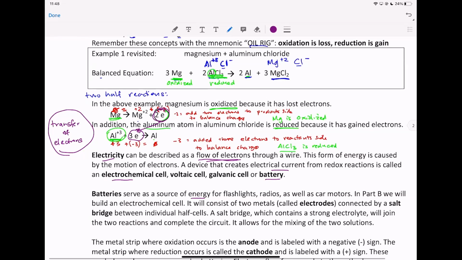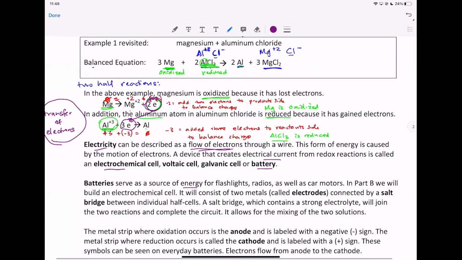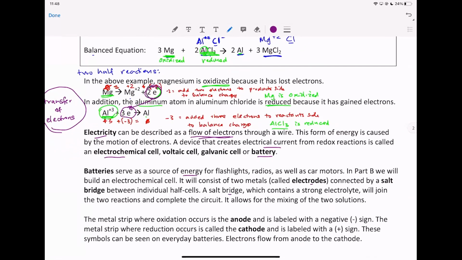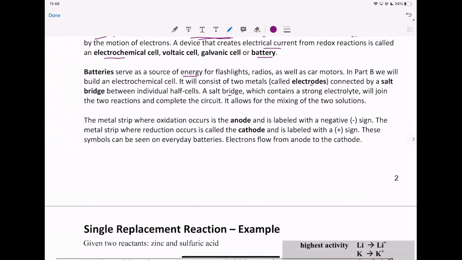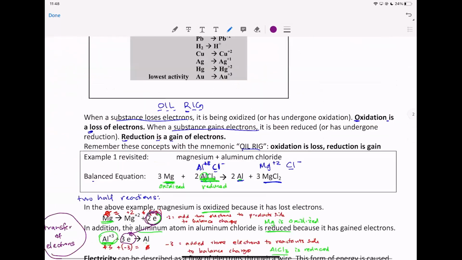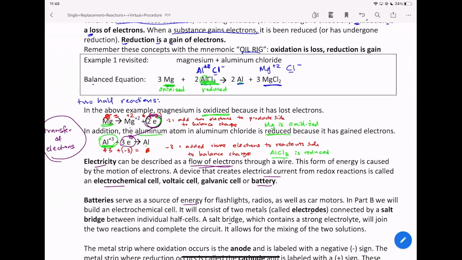This is the salt bridge and the electrodes. We're going to take a look at that. Let me find that, I think it's in the lab report.